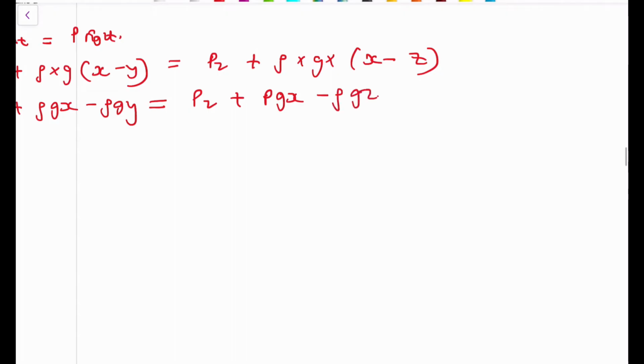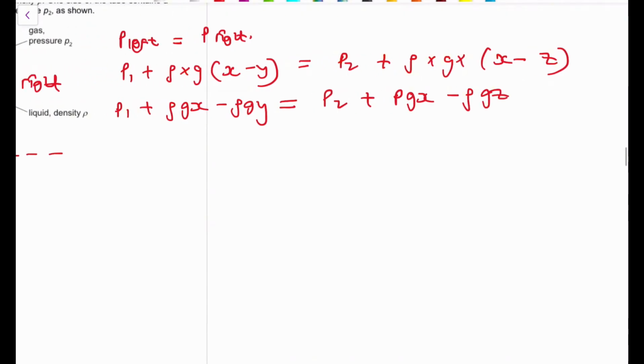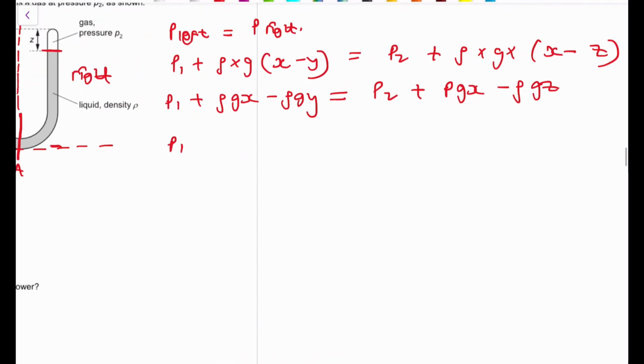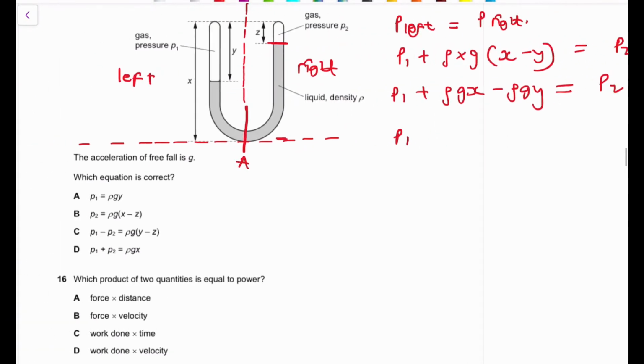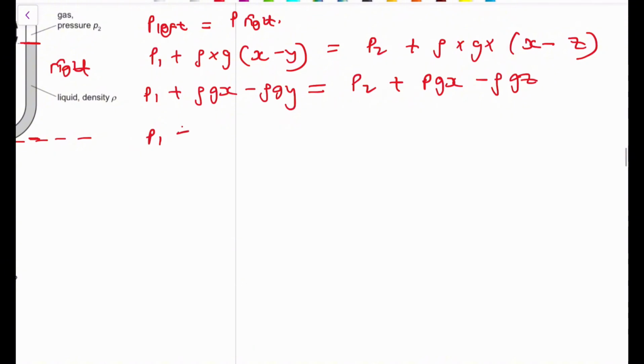minus rho gz. If you send everything to the same side, P1 plus rho gx minus rho gx minus P2 is equivalent to rho gy minus rho gz.